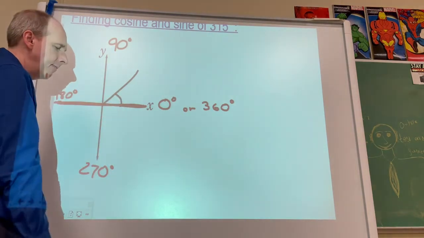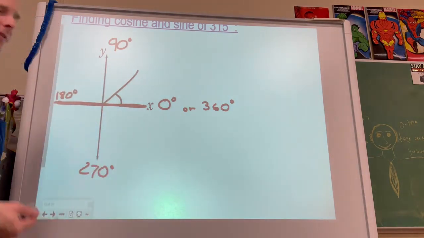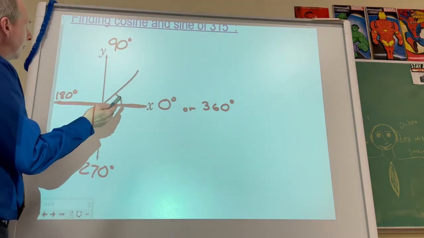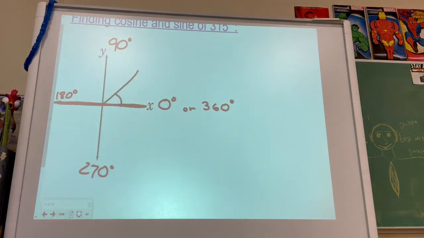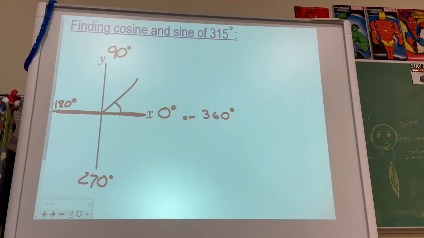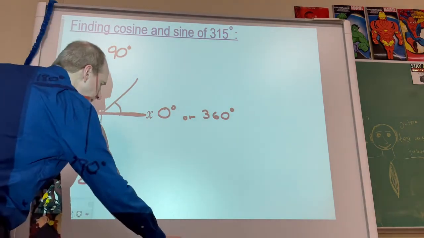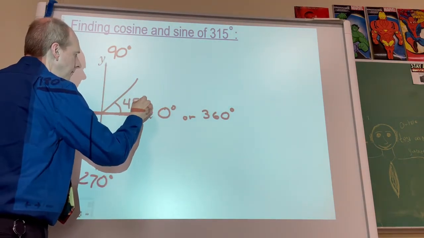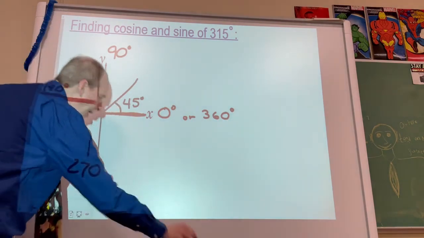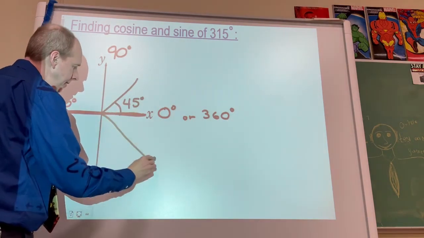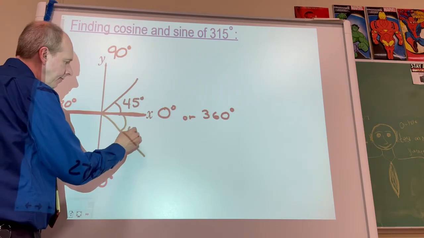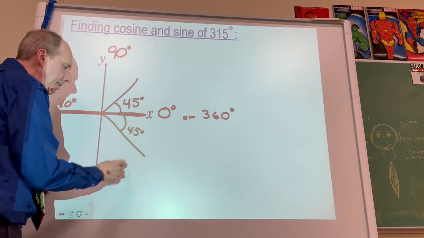That's that angle. But what if instead I didn't go up 45 degrees, what if I went down 45 degrees? So this is now 45. What's the angle?